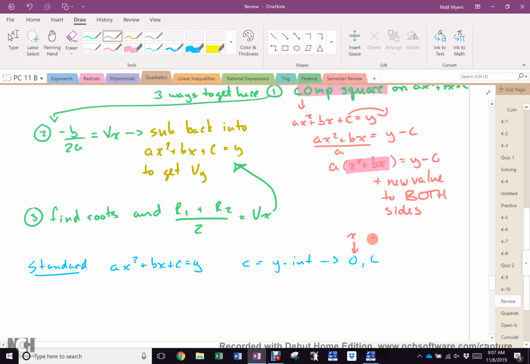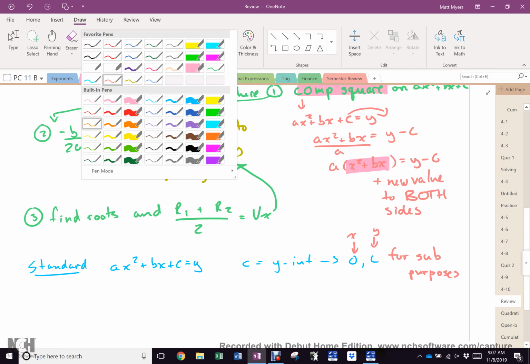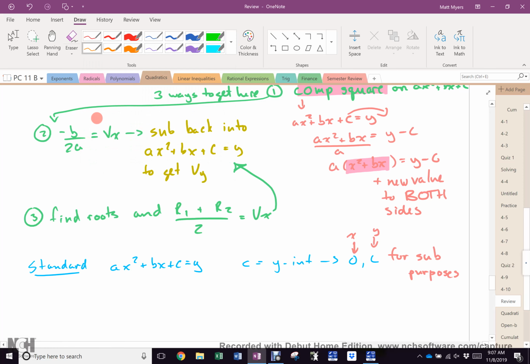That is an x, that is a y for subbing purposes. Right? Yeah? And remember, A is still there, but I'm going to deal with A at the very end. And lastly, our third form was factored form.